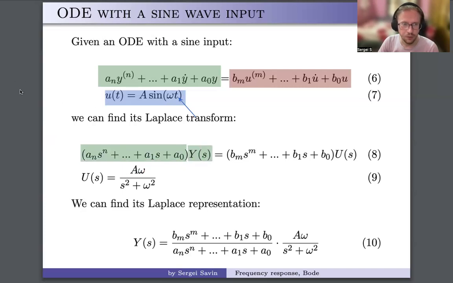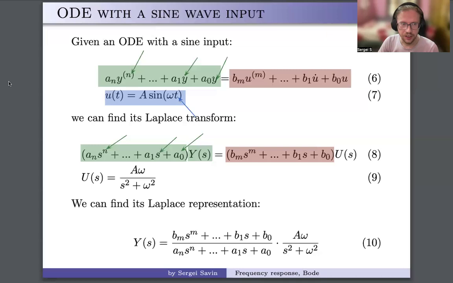Every derivative will be replaced with s to the power n, right? That was the nth derivative, so it is the nth power. Here's the first derivative, so first power of s. That is the 0th derivative, 0th power of s. So that's what we have. Same exact thing on the right-hand side, right?